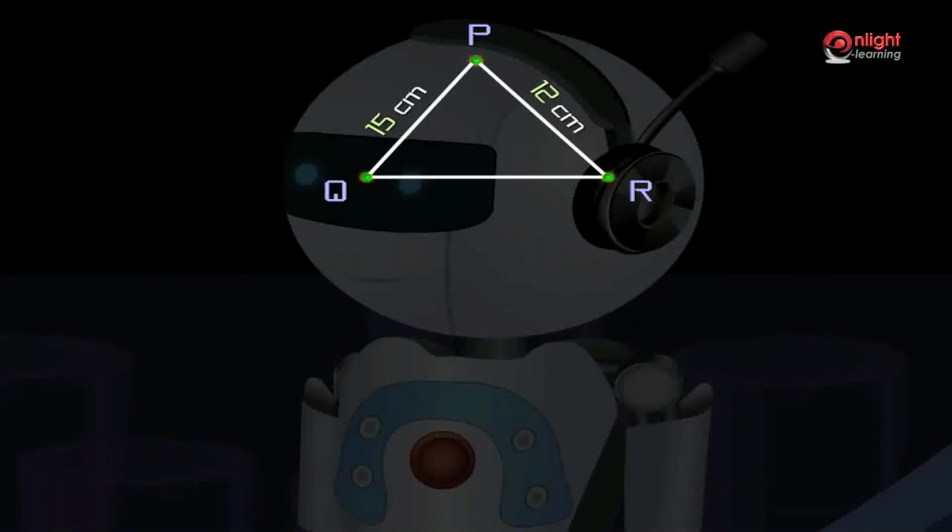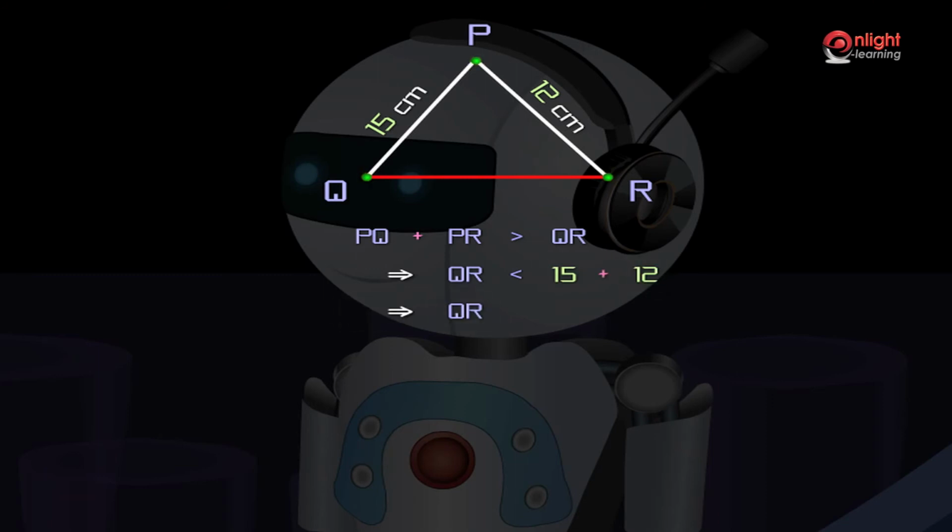For example, in triangle PQR, PQ is equal to 15 centimeters, PR is equal to 12 centimeters. Hence, the possible set of values of QR can be obtained as such. Sum of PQ and PR is greater than QR. Hence, QR must be less than the sum of 15 and 12, which implies QR must be less than 27.